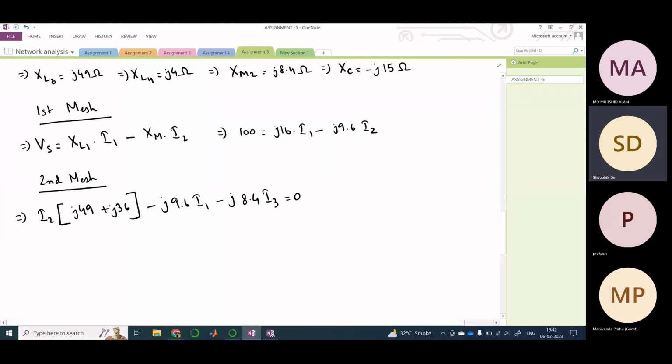It is 85, right? So it is J85 I2 minus J9.6 I1 minus J8.4 I3, right? Now let us write this equation as 1 and this equation as 2.